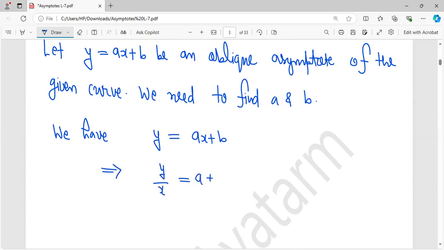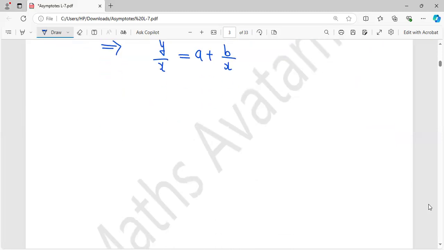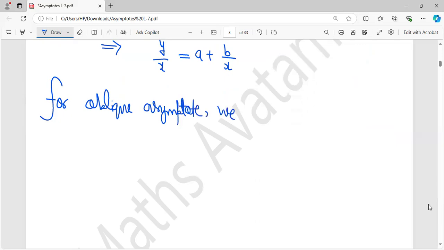For an oblique asymptote, we have x tending to plus or minus infinity.